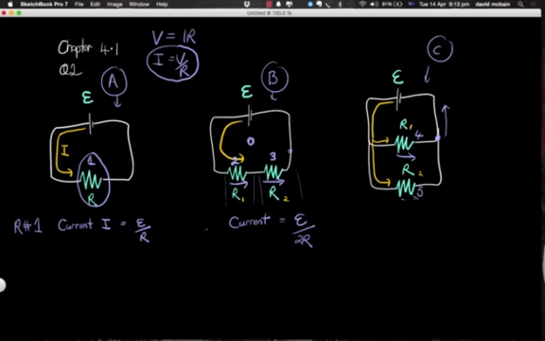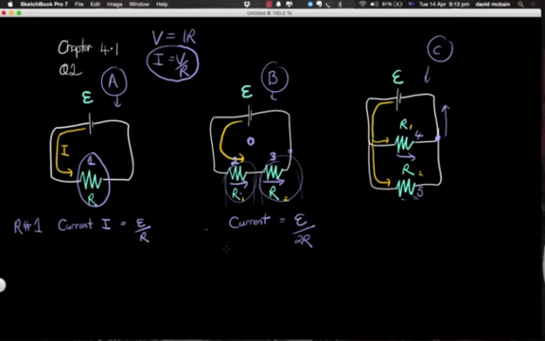But remember, because these two resistors, number 2 and number 3, are in series, then whatever current is flowing through R1, or this resistor here, is the same as the current flowing through this resistor, which is the same as the current coming out of the battery. So the current flowing through both of these resistors is E over 2R.